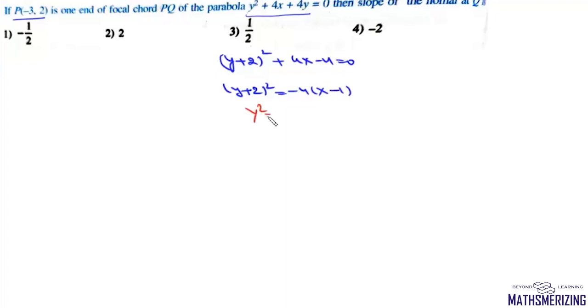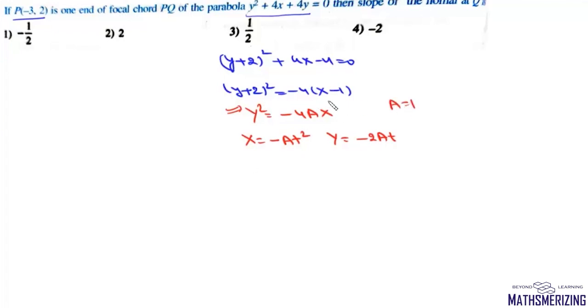So we'll compare it with the standard form. It'll be capital Y square equals minus 4a capital X. Now for this parabola, parametric coordinates are minus a t square, minus 2a t. So we'll write capital X as minus a t square and capital Y as minus 2a t. Now a in this case is 1.